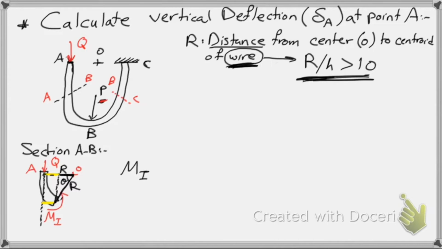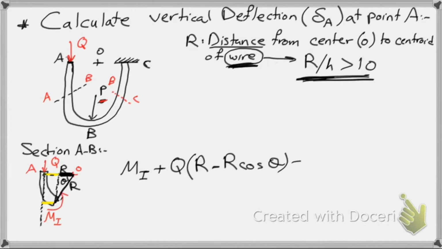And it's gonna be plus Q times the yellow distance that I drew, and the yellow distance is equal to R, the entire radius from O to point A, so R minus this black distance, or this black line right here, and this one is R cosine theta.